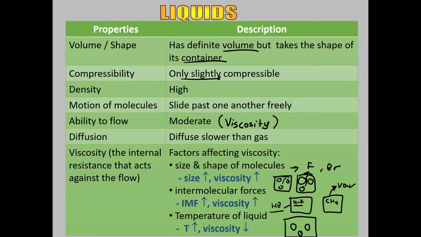Because as temperature increase, kinetic energy of dia punya molecules also increase. So we can go past through the intermolecular forces. So the kinetic energy can overpower the intermolecular forces. That's why viscosity jadi makin rendah.